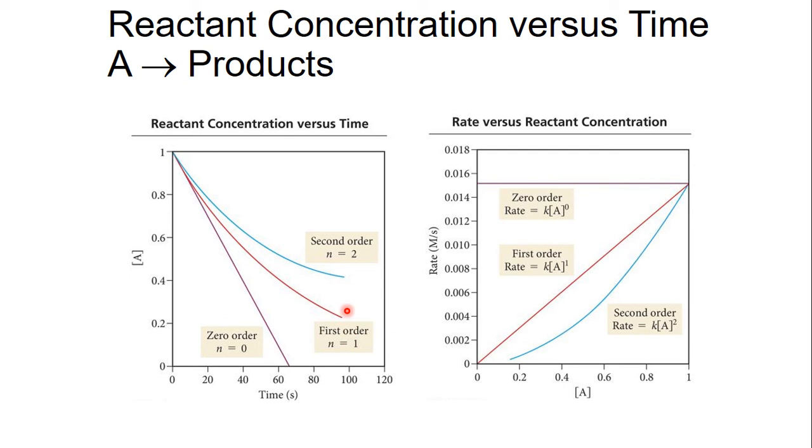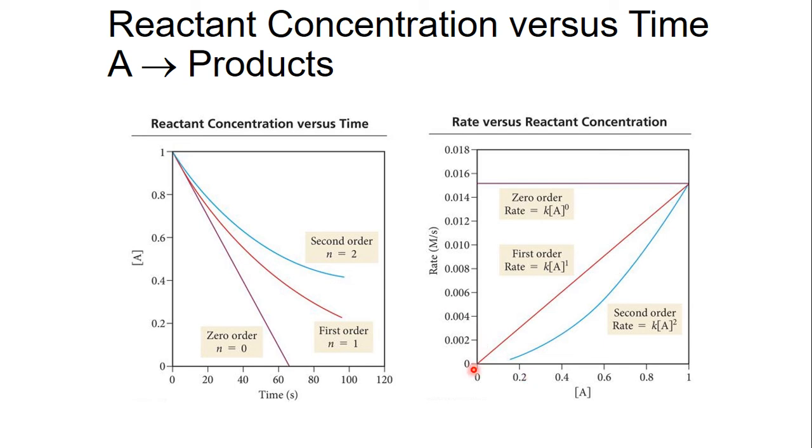But let's imagine that you saw a change of A over time and it was curved. If you only had one line to go on, you couldn't tell if it was first order or second order. The way you tell through a graph is that you measure the rate versus concentration. For zero order, the rate never changes with concentration, so it's a straight line all the way through.